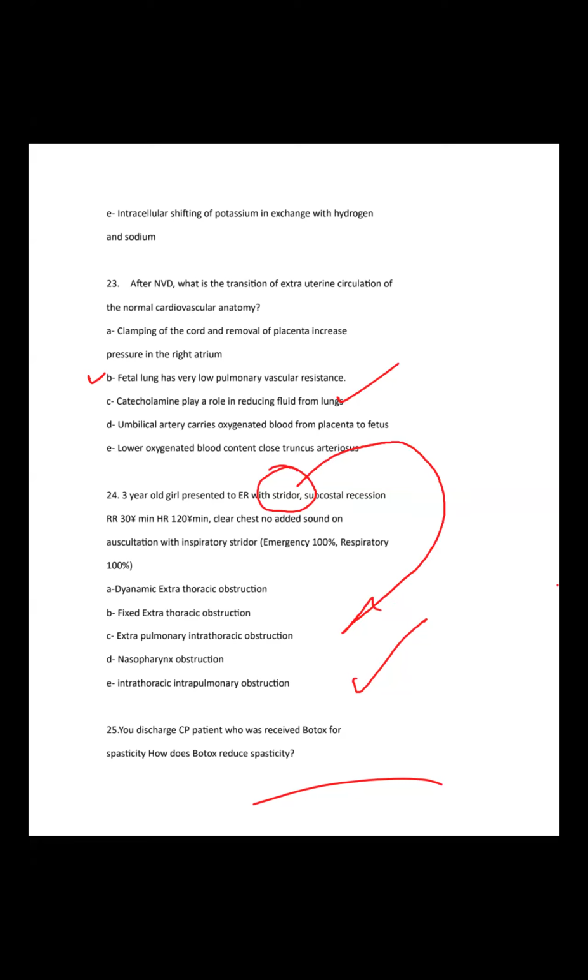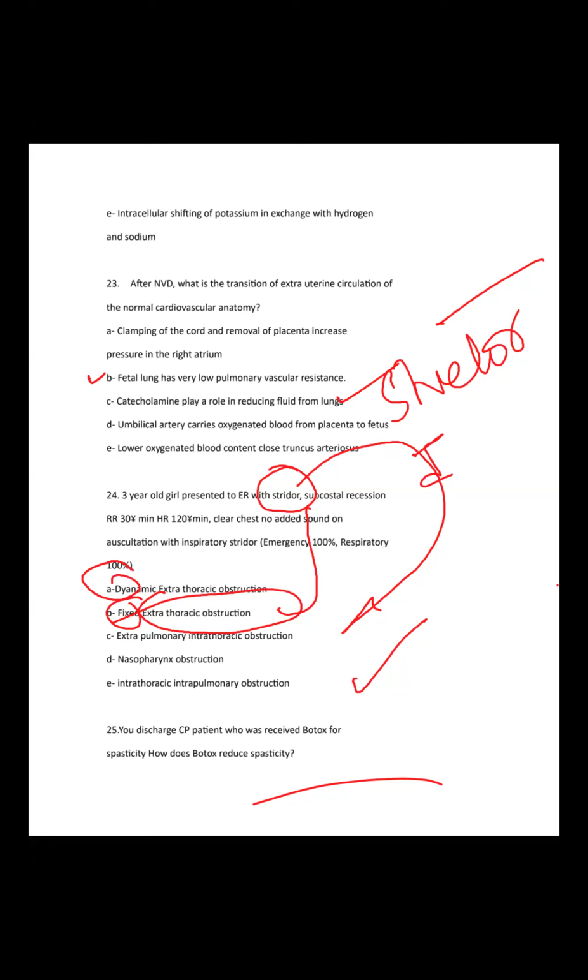Stridor is basically caused by fixed extrathoracic obstruction. And what is stertor? Stertor is intermittent. It is not fixed. It is a dynamic extrathoracic obstruction that can change with the position.